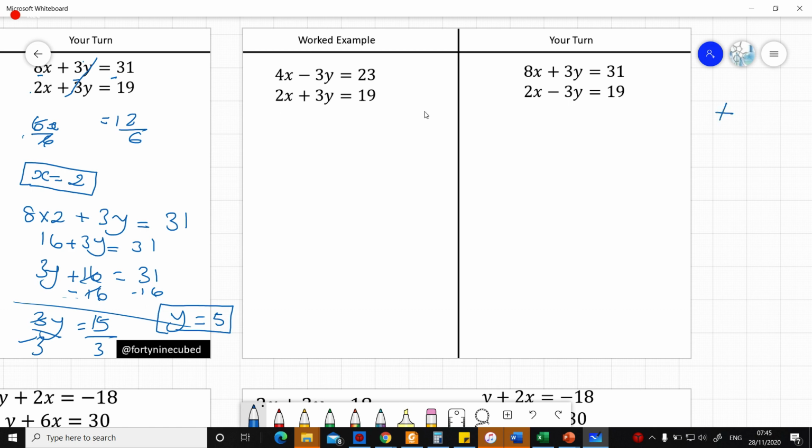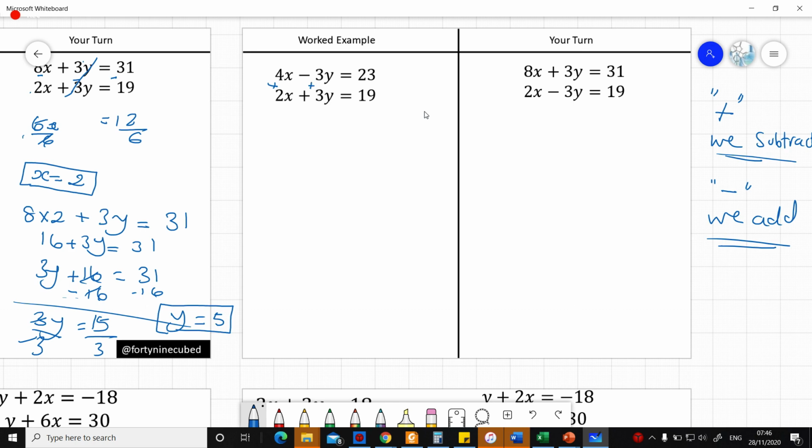Now what that means is that we had one rule: if the signs are plus, we subtract. In the second rule, if the signs are minus, we add. So it's the opposite. Different sign and different mode.